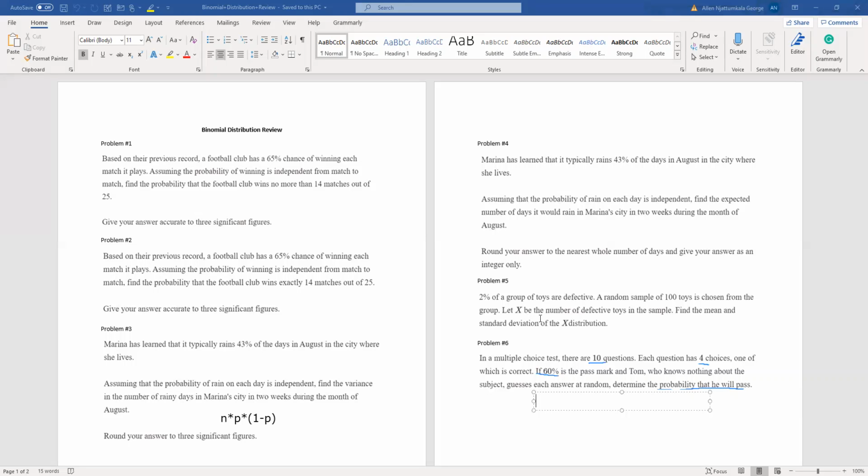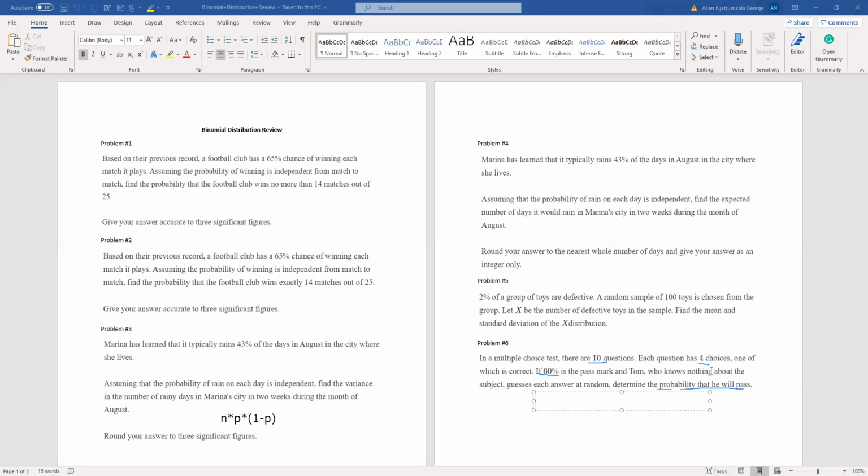So in this one, I asked Miss Sinha about it, and the question is trying to trick you. The probability is not 60%. It is actually 25%, because there are 4 answer choices, and so 25% of getting one right.